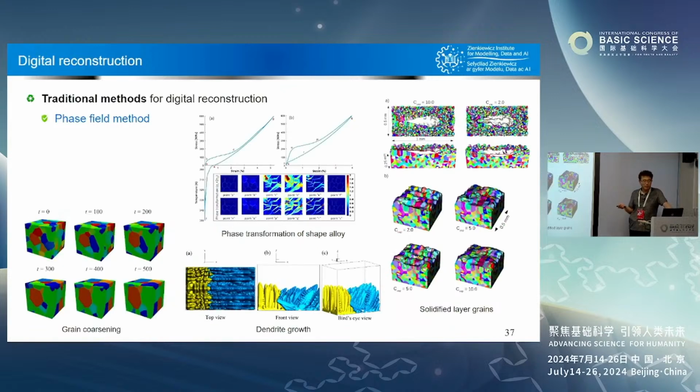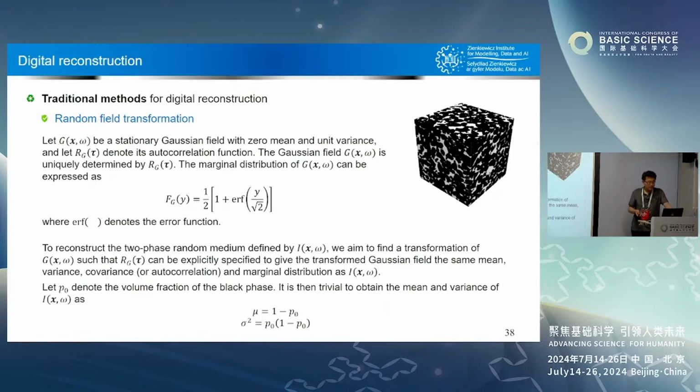It is a simulation method, but it allows the input to mimic the descriptors extracted from the reference. Transformation is purely mathematical.